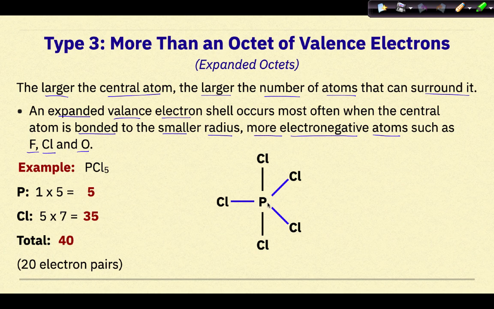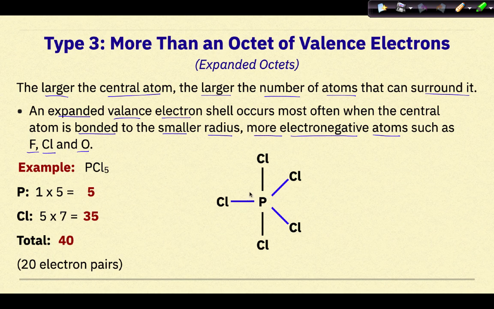But for right now, what you need to know is that there's 1, 2, 3, 4, 5 shared pairs surrounding this phosphorus out of the 20 electron pairs that we have to work with. So 5 have been used, 15 are available. So let's see if we have the 15 to use here or if we have to form a double bond or a triple bond.